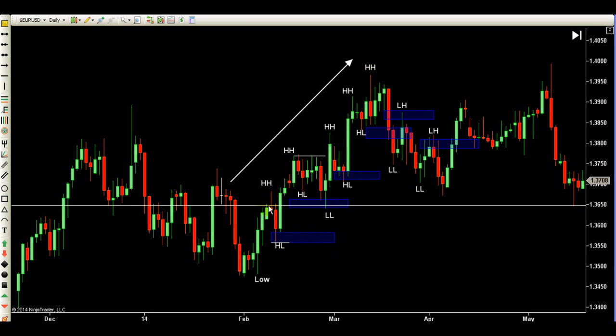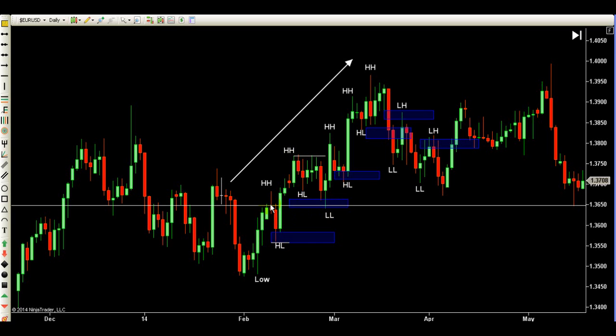Look for instances like this. When the price rolls over, put a line in, then put your Fibonacci tool on, and you can sometimes forecast where the 61.8 to 50% retracement is going to be. Or if it does come down to here, this is a good place for you to take a long trade in the case of an uptrend when it reverses back here.